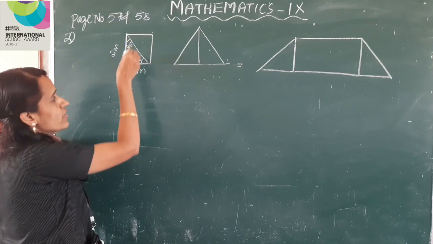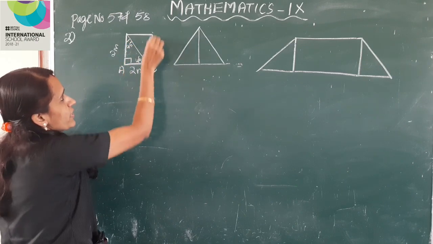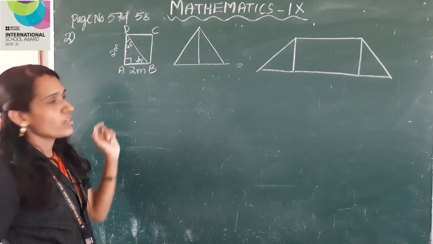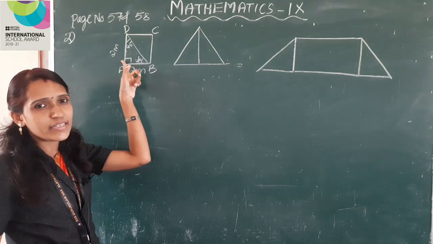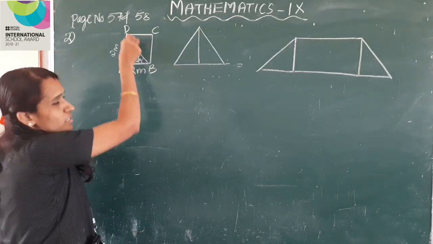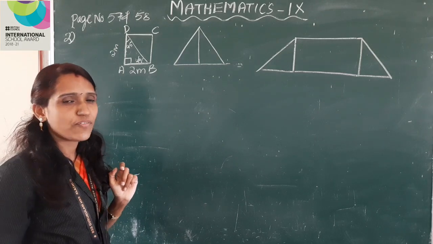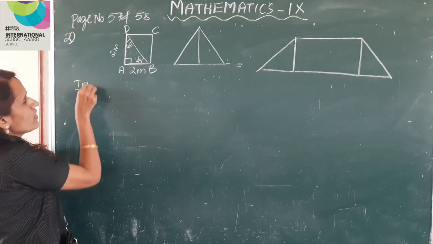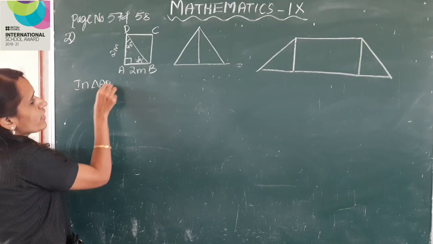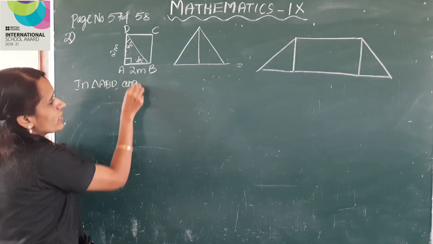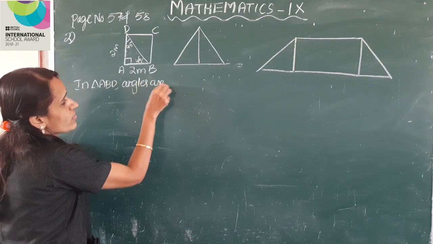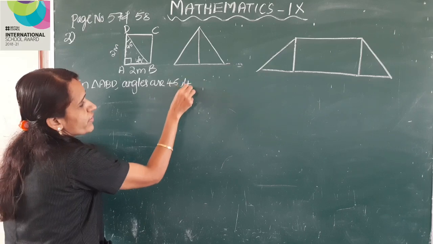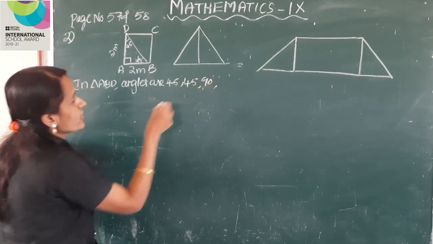Consider this triangle. Mark it as A, B, C, D. Angle A is 90 degree. So, these two angles are 45 and 45. So, in triangle A, B, D, angles are 45, 45, 90.